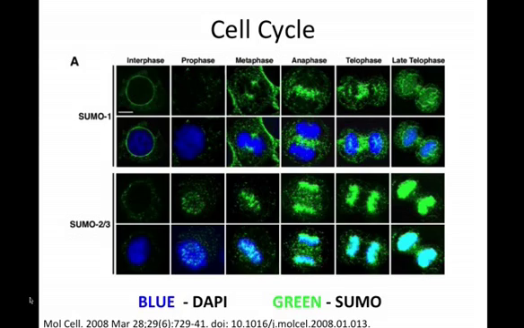Somehow. The DNA, what do you guys notice about the DNA as you go from interphase to mitosis? What is happening? Someone raise your hand. The DNA is dividing, but what do you think is happening to the chromatin? Yeah.